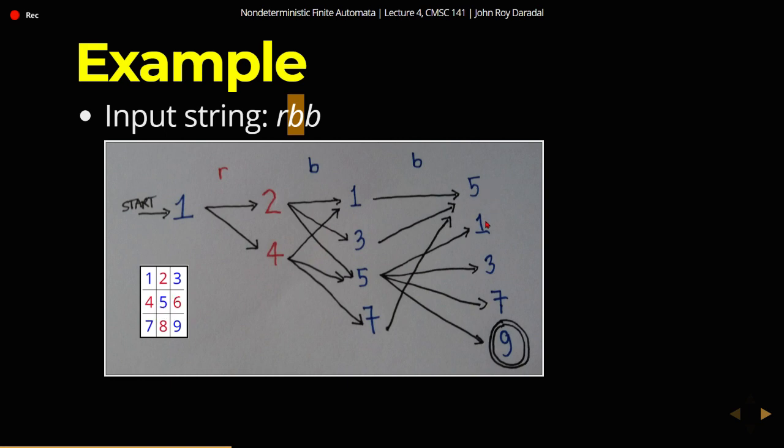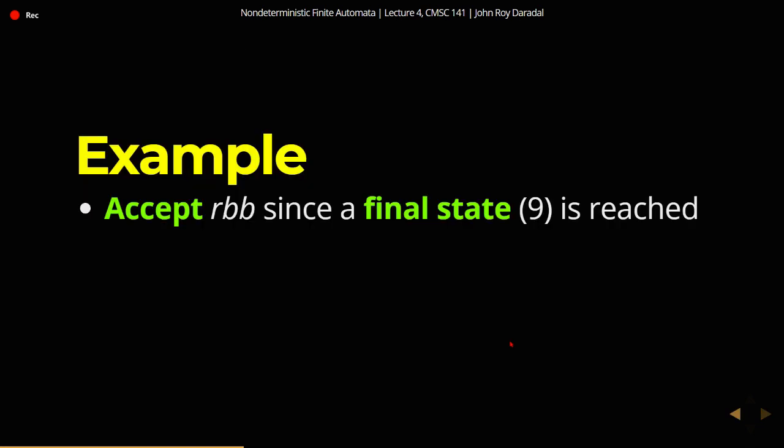Okay? So now, we are currently in either 1, 3, 5, 7, or 9. And since we have finished our input string, and we have arrived at one of the final states, which is 9, then we will accept this input string RBB. Okay? Because we arrived at one final state after processing the whole string.